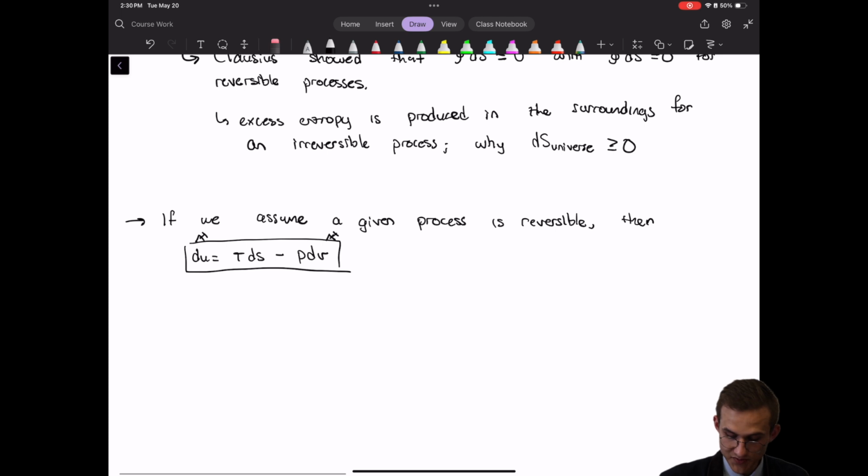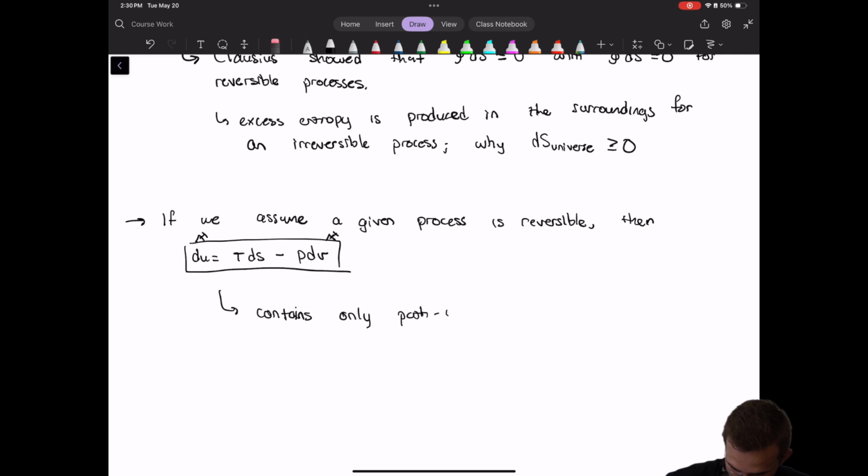Okay, so we assumed the process was reversible so that we could replace delta Q with T dS, but the resulting equation that we got contains only path independent quantities, and therefore it is valid for all processes.